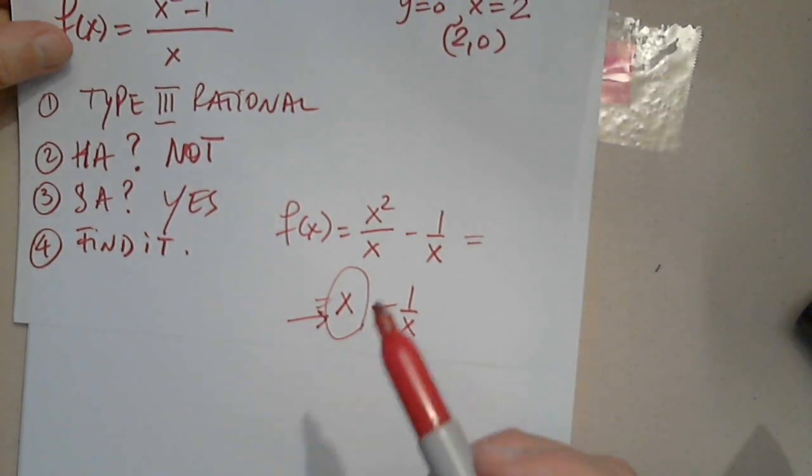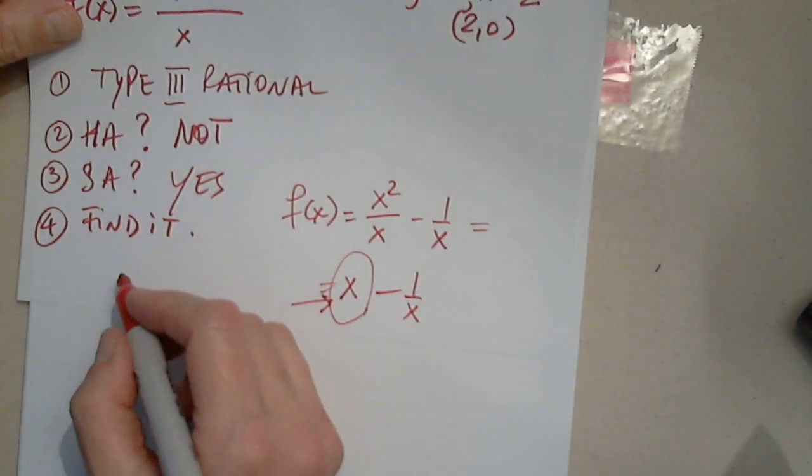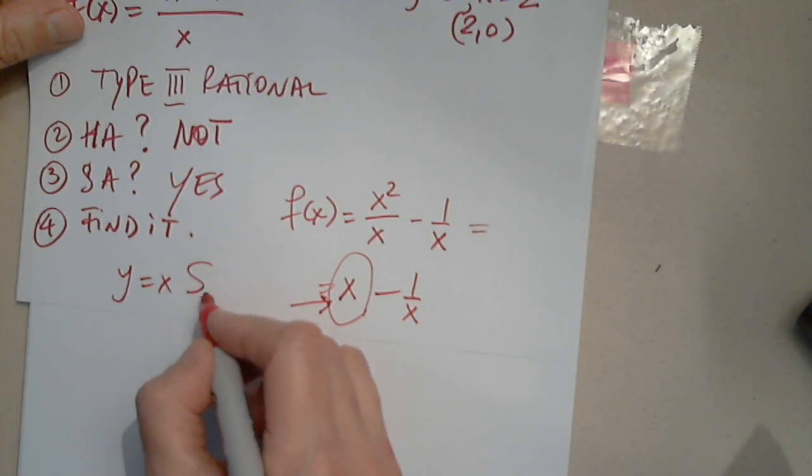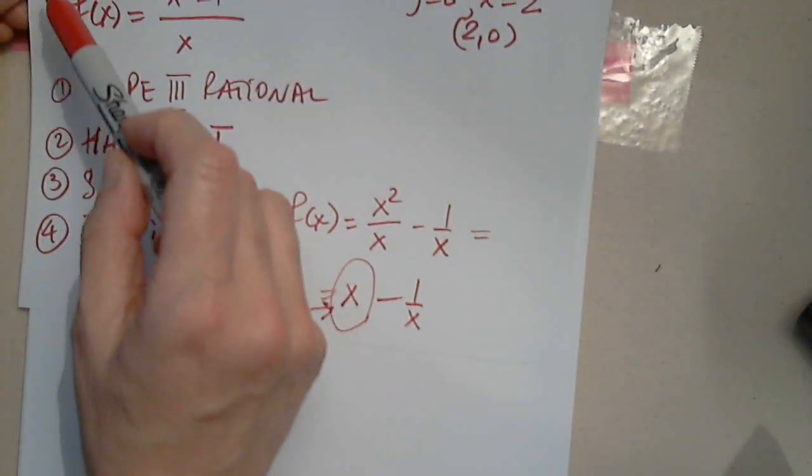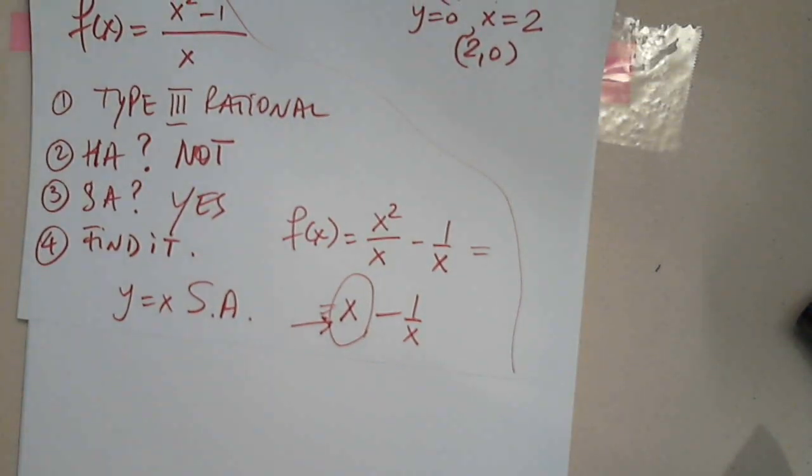The quotient is the slant asymptote. So y equals x is the slant asymptote. This is the only thing I'm going to ask you about type 3, but since we talked about it, I want you to see what is going on with type 3. And that is the end of 3.5.